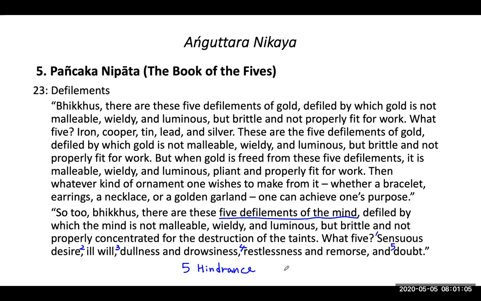Remember, jhana is an advanced mental state from meditation. It's like a trance, quiet and serene and calm. Reaching that mental state is not easy because of these five kinds of hindrance.